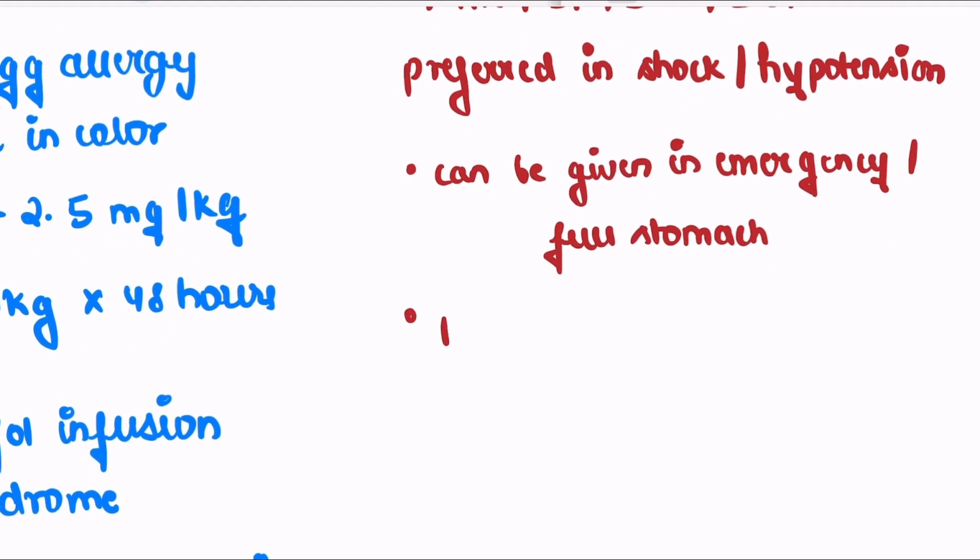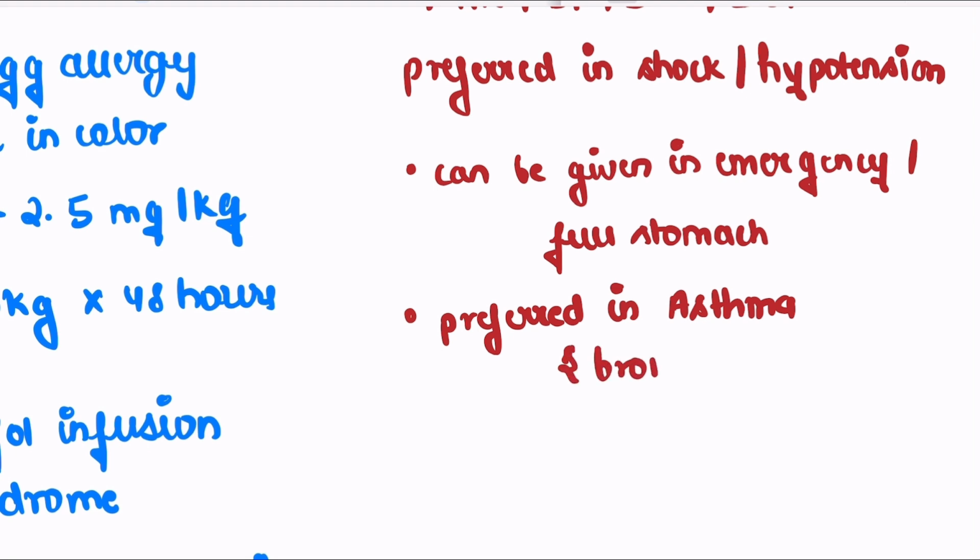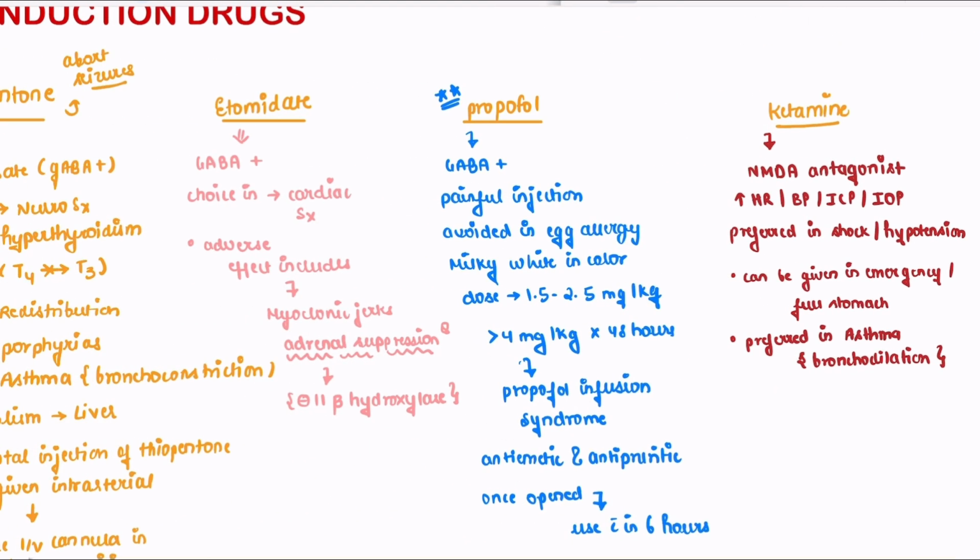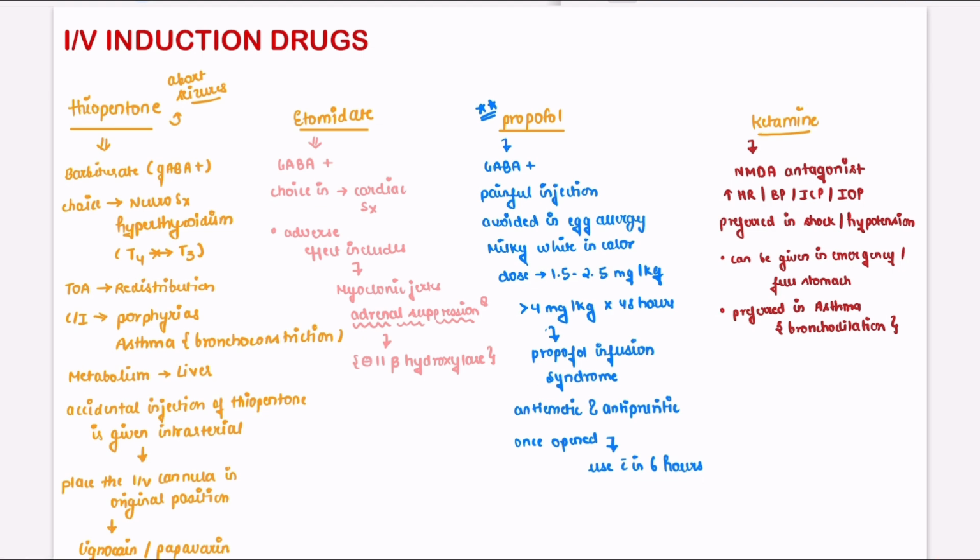Ketamine is preferred in patients of asthma because it causes bronchodilation. Remember, thiopentone was contraindicated in the patient of asthma.